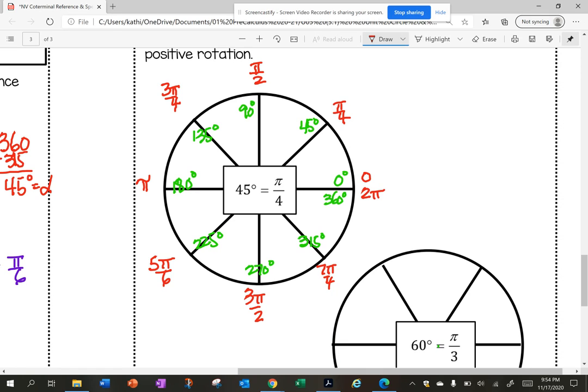Okay, so that's 45 degrees going around the circle.